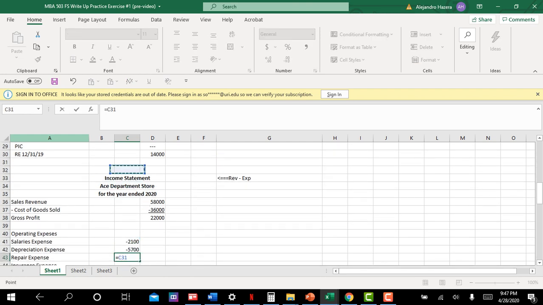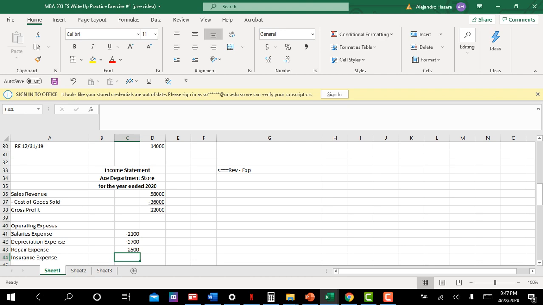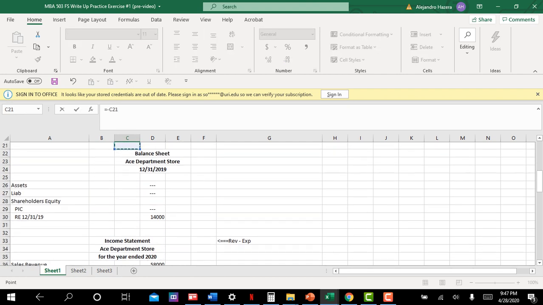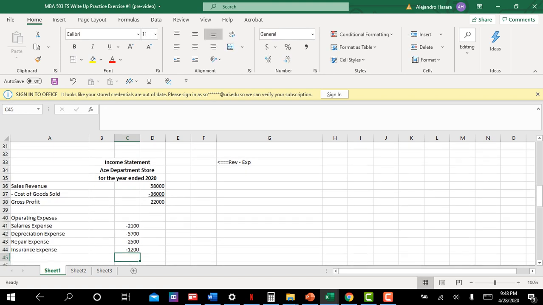Your repair expense is going to be a negative 2,500, and your insurance expense is going to be equal to a negative 1,200.